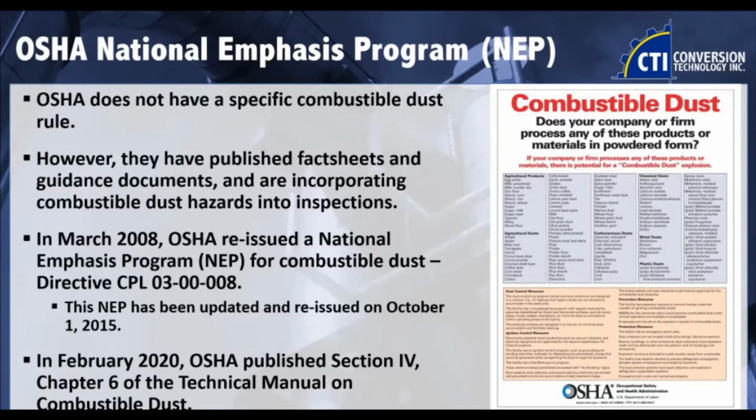But with that, OSHA does have the National Emphasis Program, which is going to be mainly for the ability for citations and violations, the ability for them to consult with related to combustible dust, inspect, how to do testing. I'll go more into what that means later, but OSHA does not have a specific regulation on combustible dust.